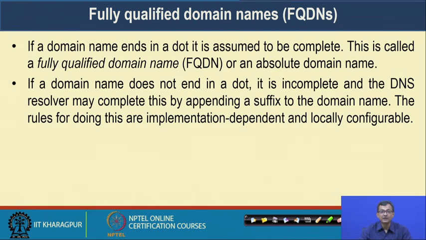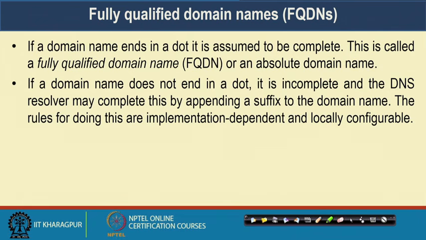That is why we have the fully qualified domain name: if a domain name ends with a dot, it is assumed to be complete. This is called a fully qualified domain name, or FQDN, or an absolute domain name, right, like csc.iitkgp.ac.in dot. That means fully qualified.